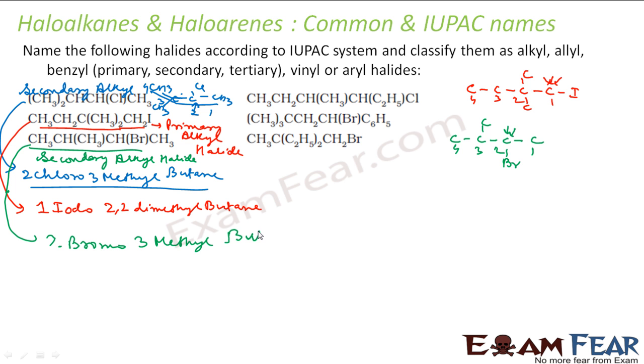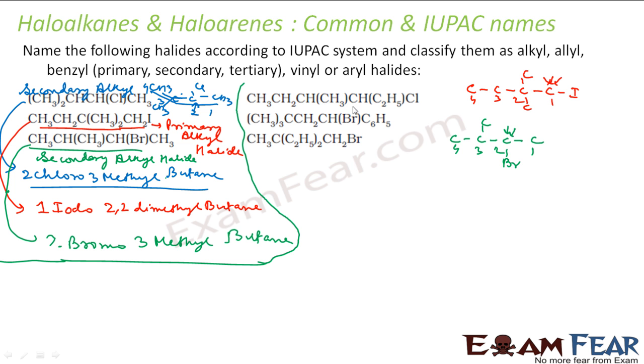It will be but, all single bond, ane. So it will be 2-bromo-3-methylbutane. So I am done with all three. The first one was secondary alkyl halide. This is primary alkyl halide. This is also secondary alkyl halide. And these are the three names in blue, red and green. Correct.